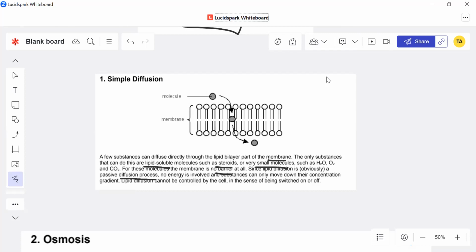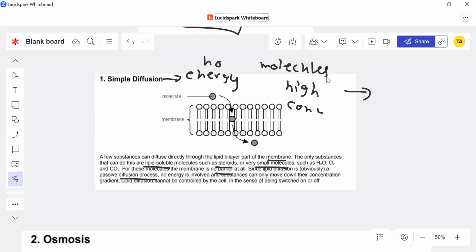For these molecules, the membrane is no barrier at all, since lipid diffusion is a passive process. So with simple diffusion, no energy is required, and molecules diffuse from a high concentration to a low concentration.